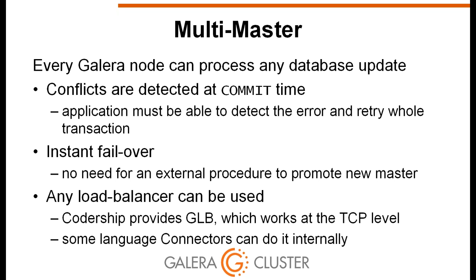As soon as one node goes down, the other nodes will detect the situation using a very simple, very short timeout, and you can then send your queries to the other nodes. There is no need for an external procedure or a monitoring script that will promote a new master from one of the slaves or anything like that.